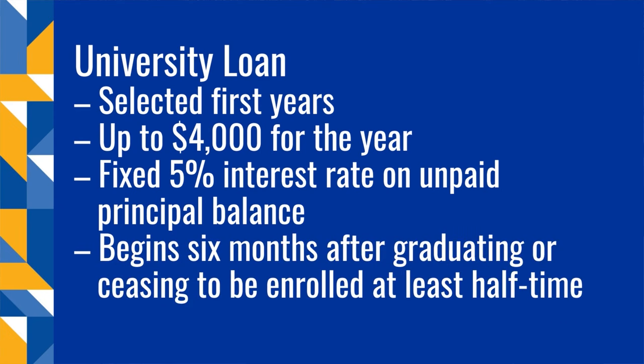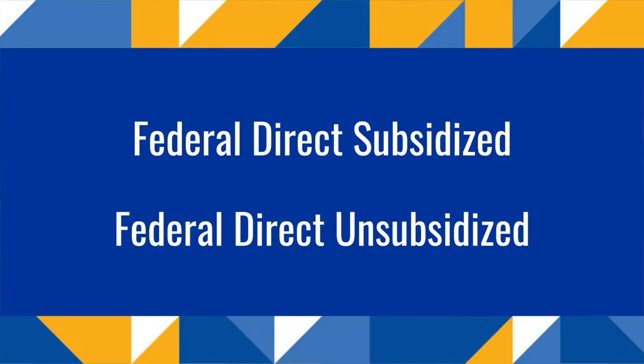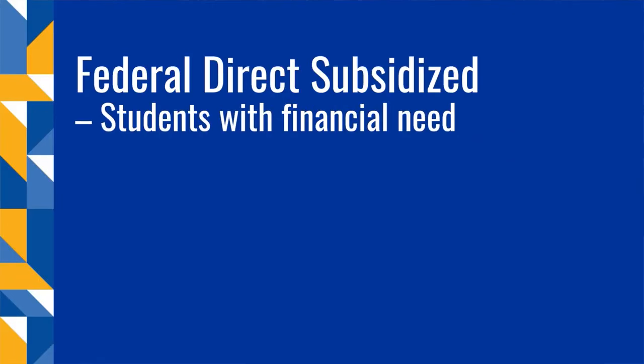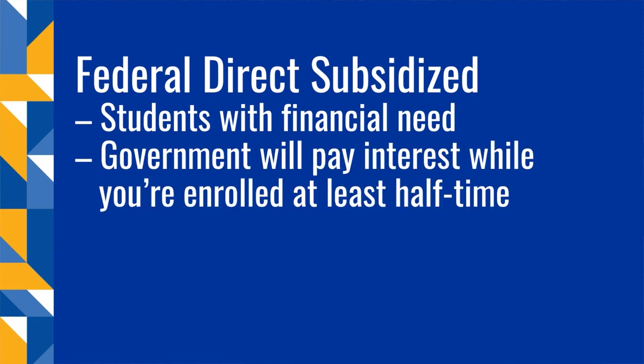The Federal Direct Subsidized and Federal Direct Unsubsidized loans are two types of federal loans offered to students. The subsidized loan is only provided to students who demonstrate financial need. The government will pay the interest on the subsidized loan while you are enrolled in at least half-time, so 6 units per quarter.